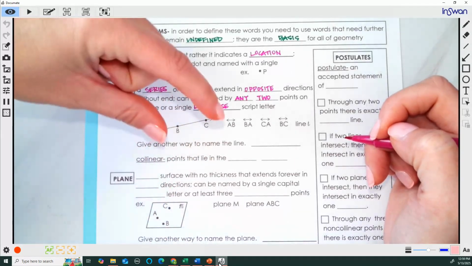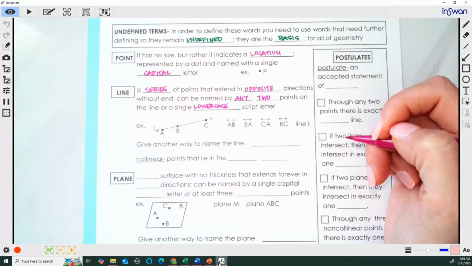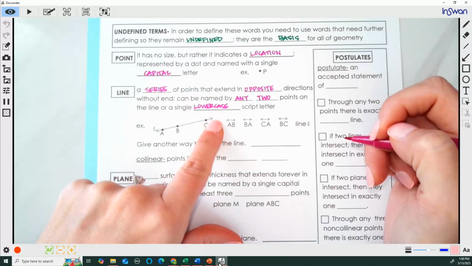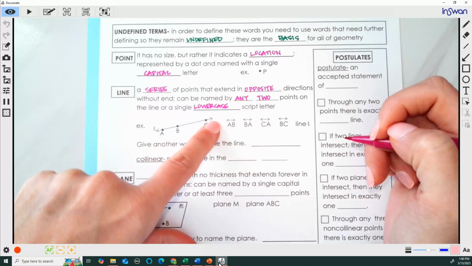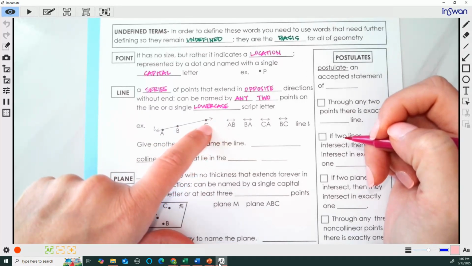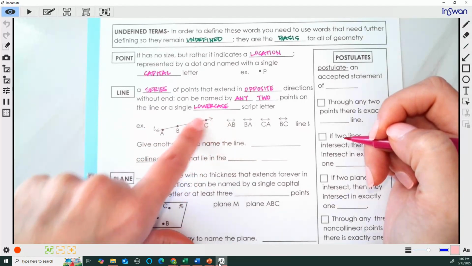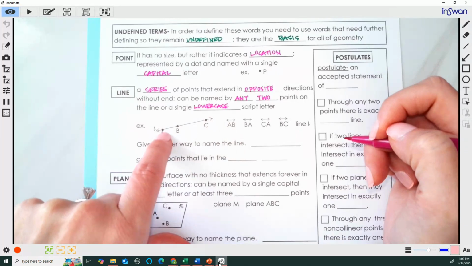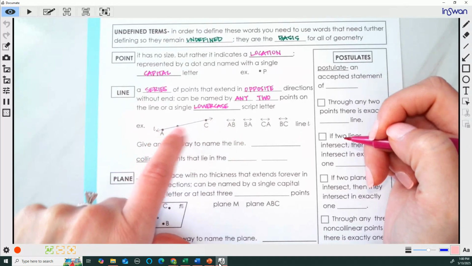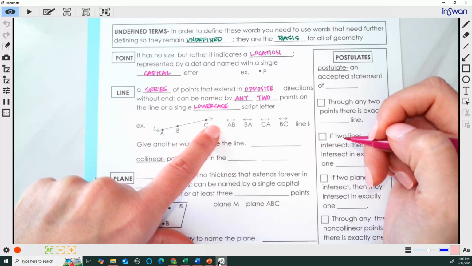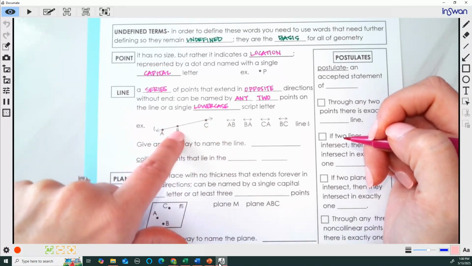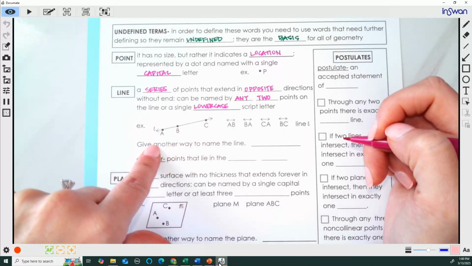We have drawn a section of that line because we can't look at one that goes on forever, because that is impossible. We represent the infinite distances with these arrows, and then we've pulled out a couple of points on this series of points to put dots there and label with names A, B, and C, so that we can use that to name this line.